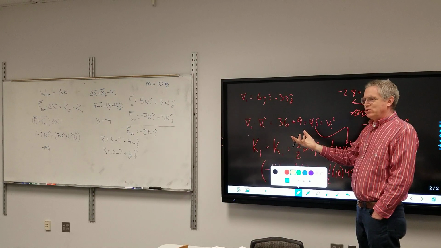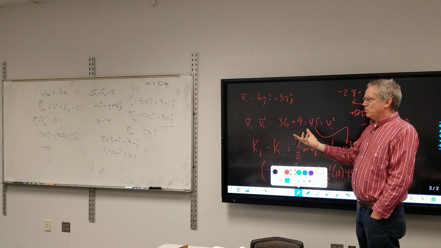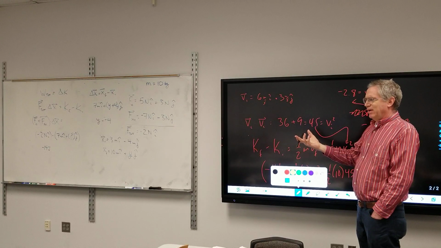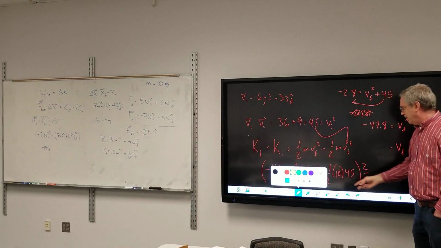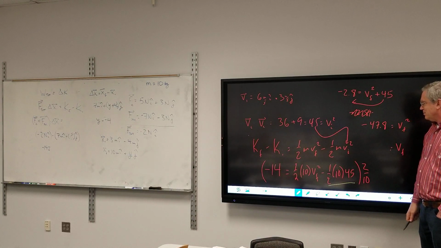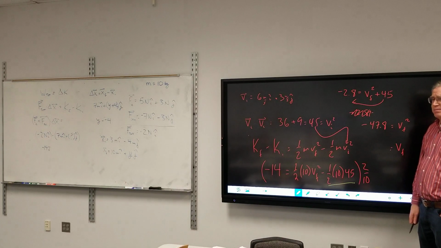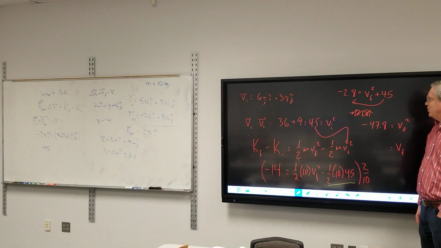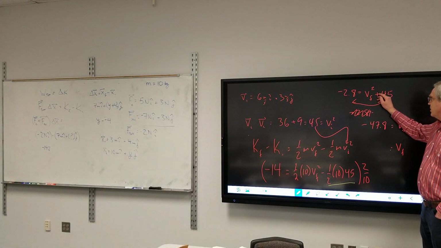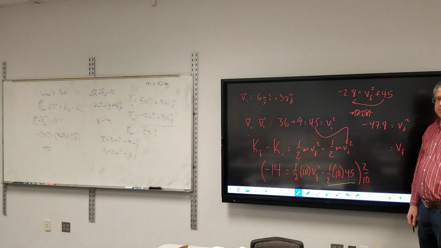I lose 14 joules. So the only way this would be impossible is if I started out with fewer than 14 joules. Well, I started out with more than 14. So if I lose 14, I'm not into the imaginary zone. The mistake is there. It should be minus, not plus.